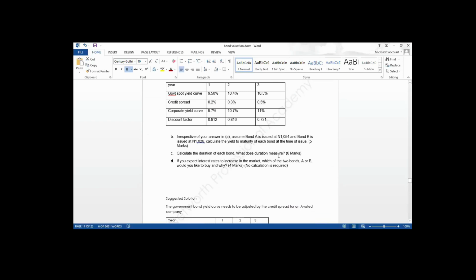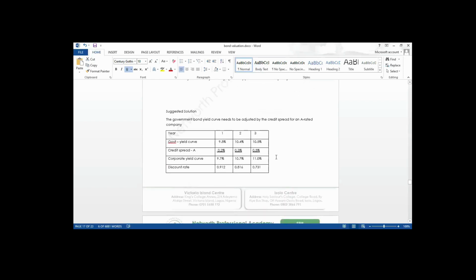What does duration measure? To calculate duration, we have like 2 or 3 steps. Please note it in case you missed last week's class.